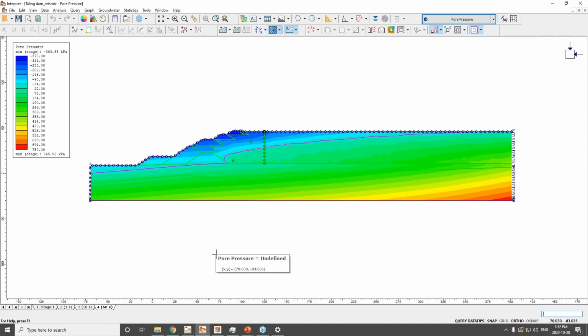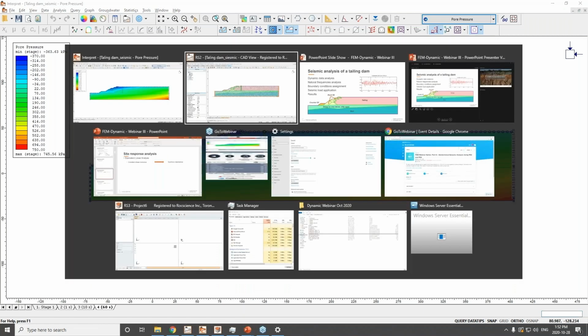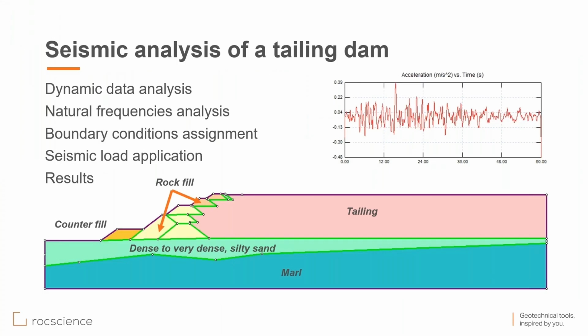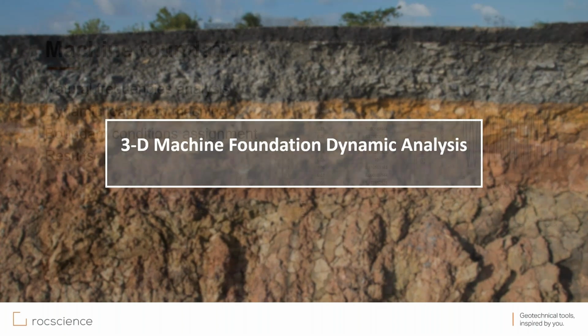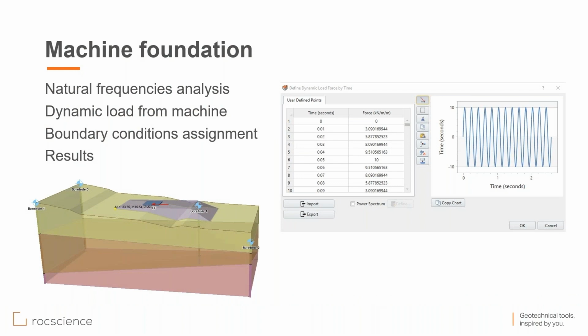Okay, so now let's go back to the slide. The last example that I want to show you in this webinar is the 3D machine foundation dynamic analysis in RS3. Again, I also start from a very stable static model, and I will apply the dynamic load to the foundation of the machine right here on the screen.